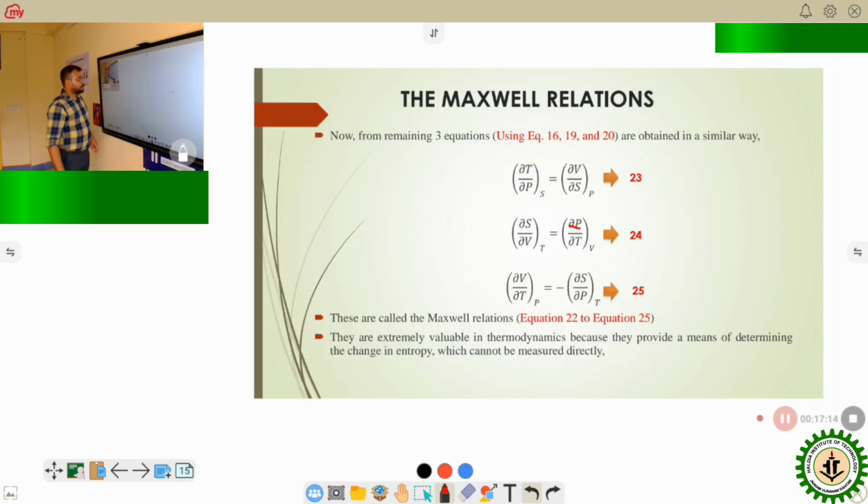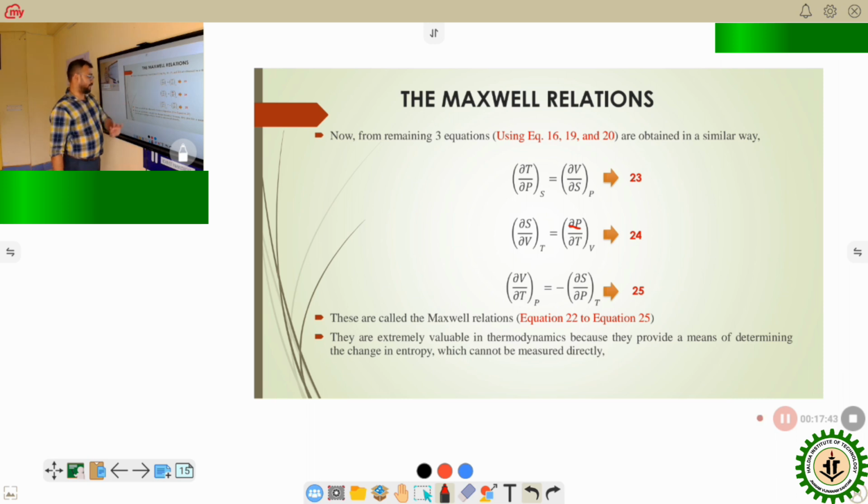And these are the four Maxwell relations from the four fundamental relations. Del T by del P at constant S equals del V by del S at constant P. Second, del S by del P at constant T equals del P by del T at constant P. Third, del V by del T at constant P equals minus del S by del P at constant temperature.